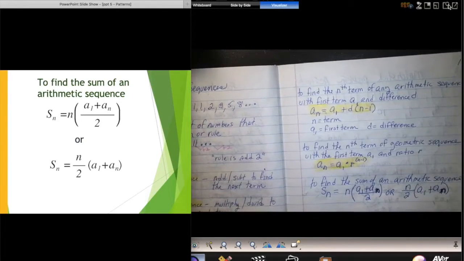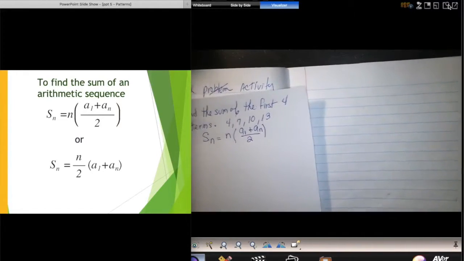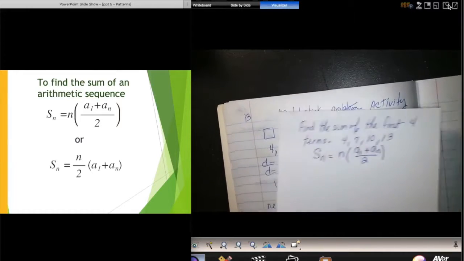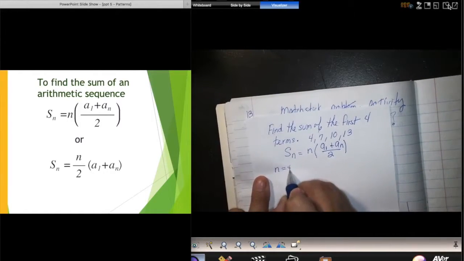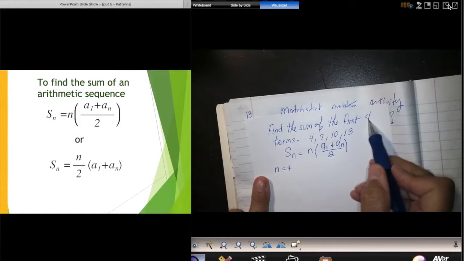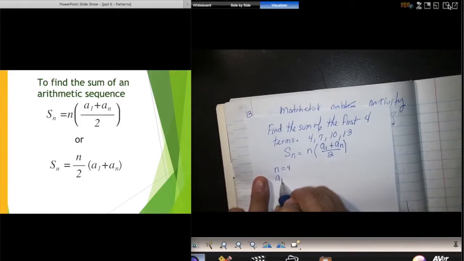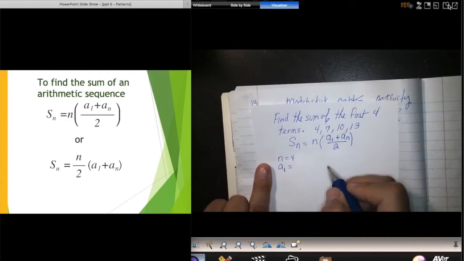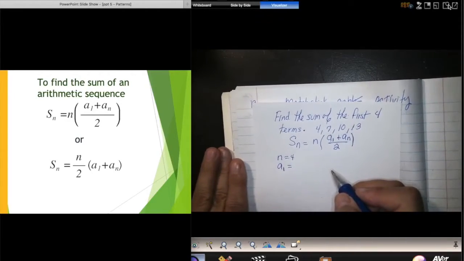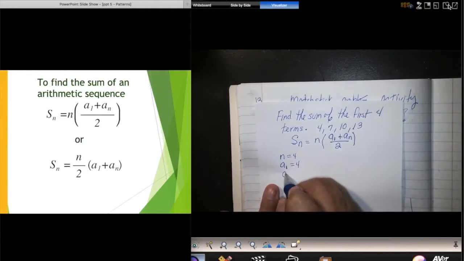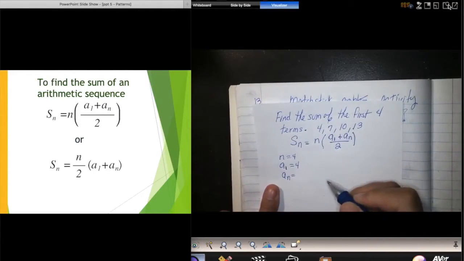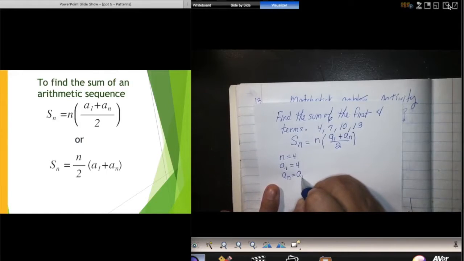Okay, so let's go ahead and identify what we have here, what we need. We know that n is equal to 4, because that's what they told me. We know that the first number, a sub 1, represents the first term, in this case 4. A sub n is the last number, or in this case, a sub 4 is the last number.